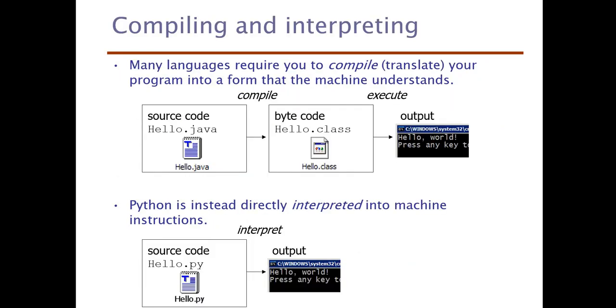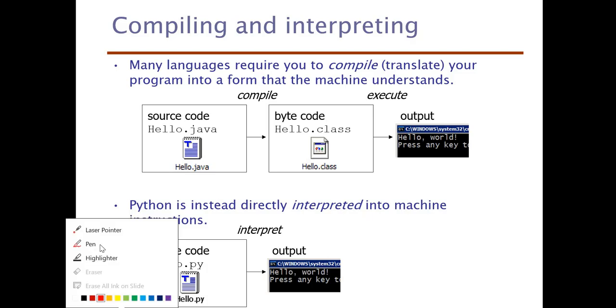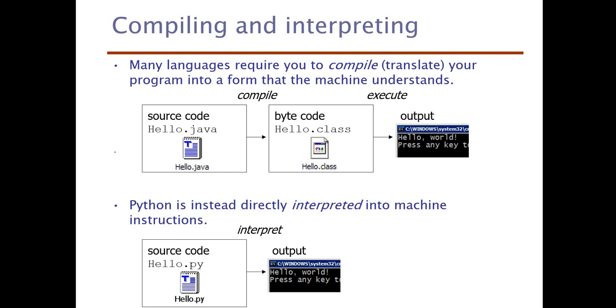This slide shows the structure of compiling and interpreting in terms of Python. Many languages require you to compile, to translate the program into bytecode, into a form that a machine understands.